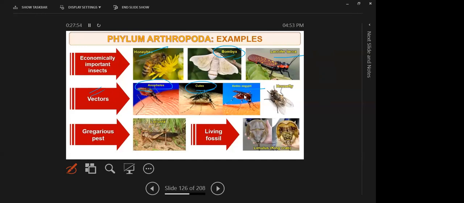Which one? Dengue virus. And housefly carries bacteria which cause cholera, or loose motion. Salmonella, Shigella cause dysentery, and they are usually carried by housefly.